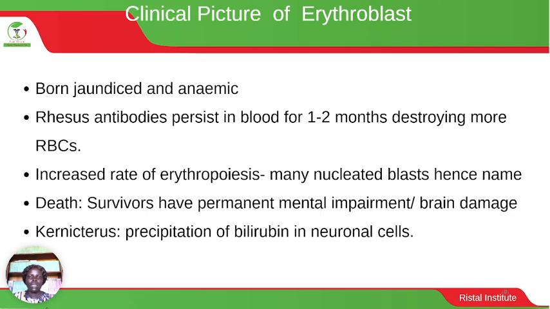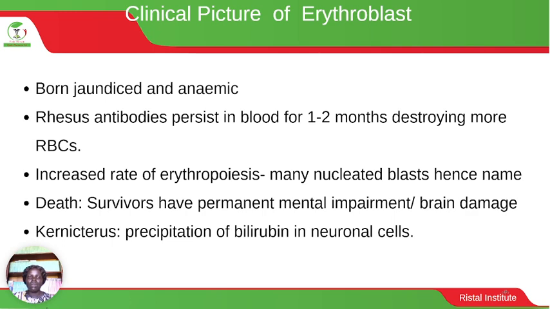So let us look at the clinical picture of erythroblastosis. In this case, the child is likely to be born jaundiced and anemic. The rhesus antibodies persist in blood for 1 to 2 months, destroying more red blood cells.